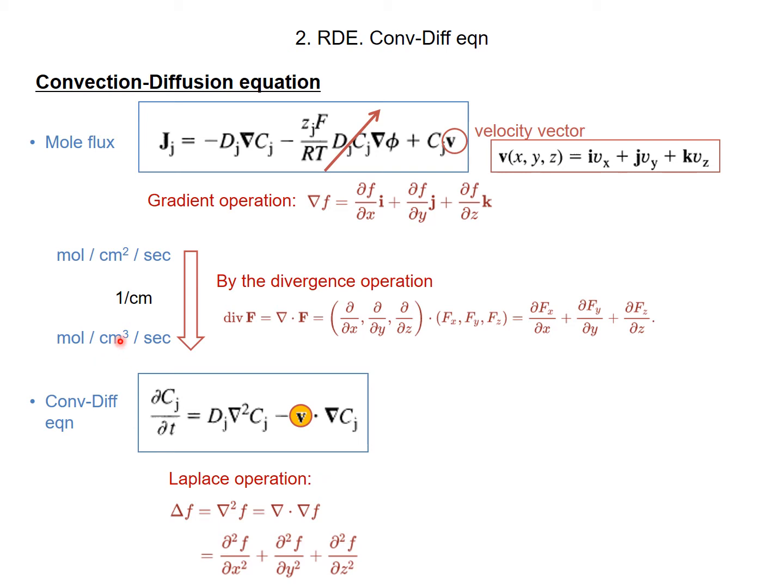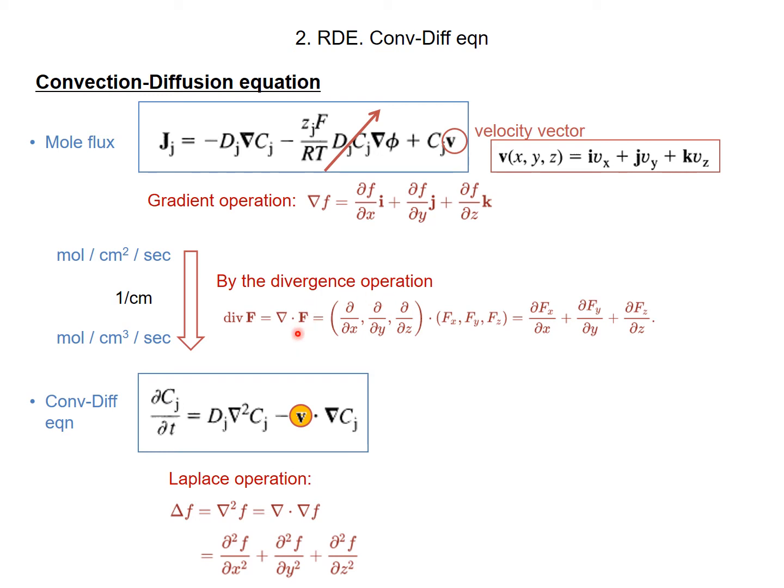So after doing the divergence operation for the mole flux, it is going to be dc/dt, the unit of which is mole per cubic centimeter per second. So the divergence of J is going to be dc/dt.